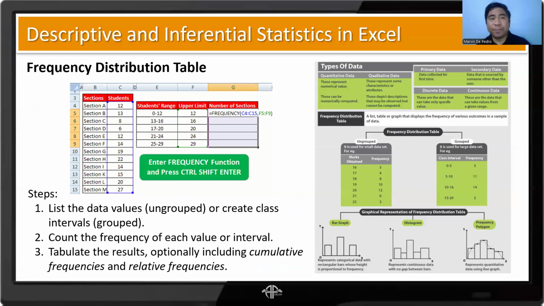Now let's talk about the frequency distribution table. All right. As you can see, for example, we have these students from each section. We are grouping the sections in terms of the frequencies. For example, we want to count 0 to 12.